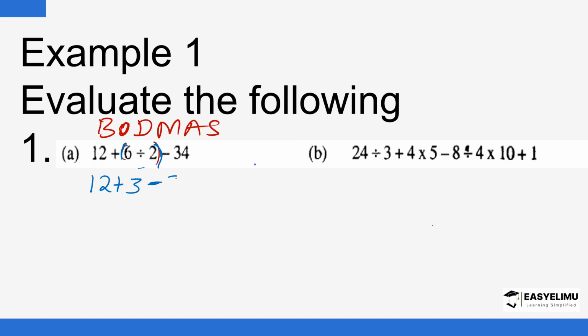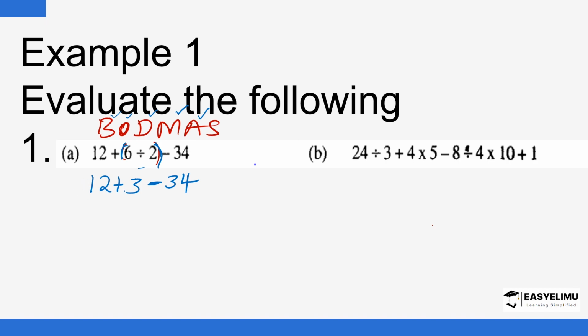And then minus 34. So bracket, not there; division, done; multiplication, not there. So we do addition first. Remember, with integers we are talking about directed numbers. So 12 here is plus, there is a plus sign here, though not indicated.